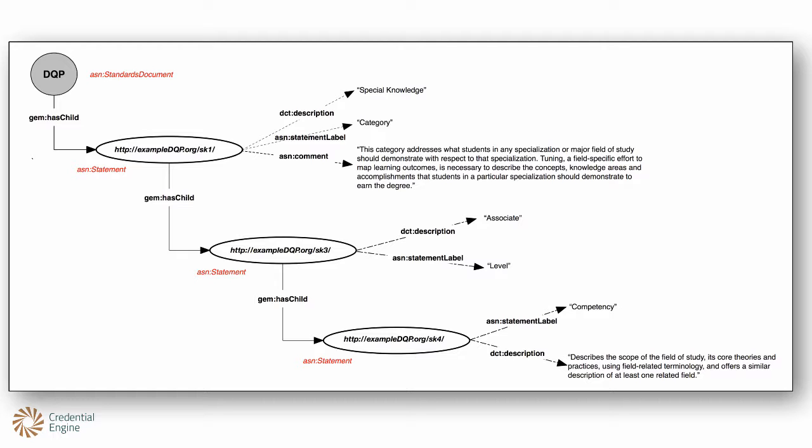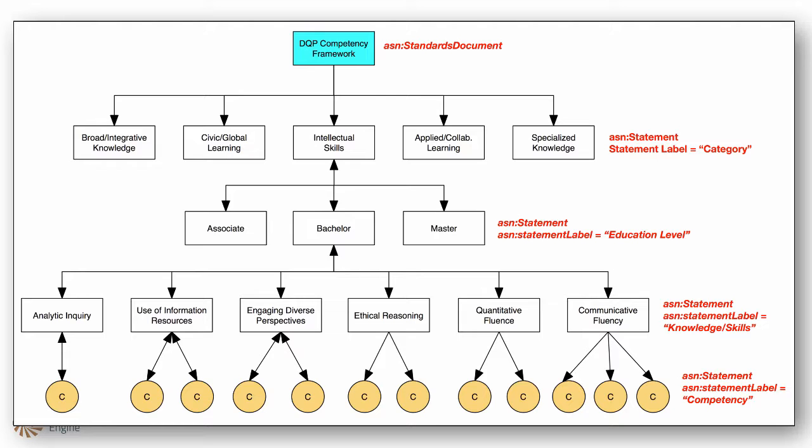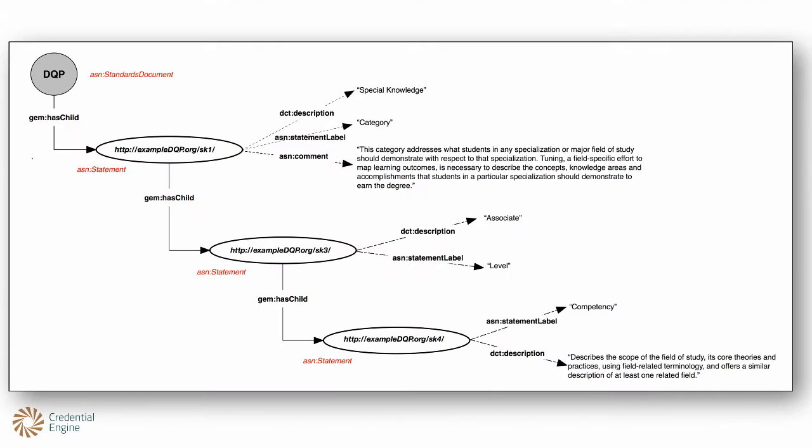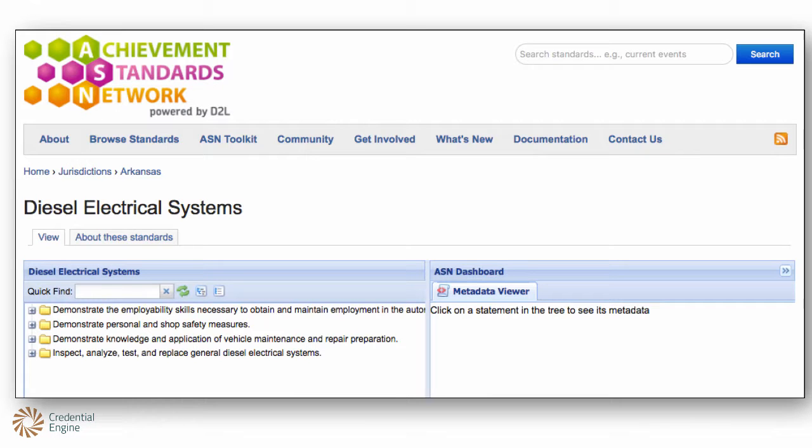So this is one taxon path, one drop down through this hierarchy to a specific competency. Throughout this diagram, I've used the ASN vocabulary to express the whole thing.